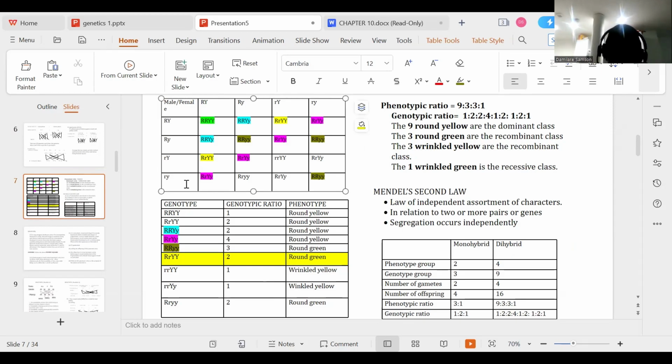So to correct the whole thing, this is where the problem is. This one here is going to be small r. This one here is going to be small r. This one here is going to be small r.